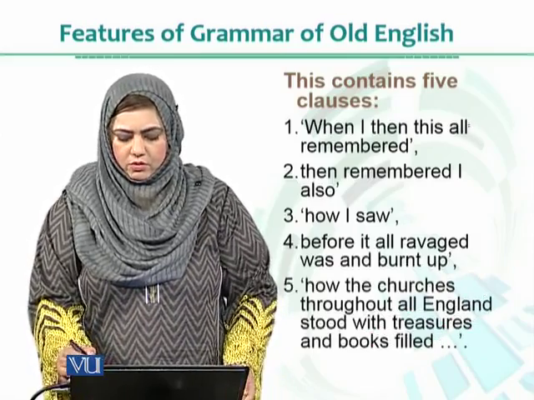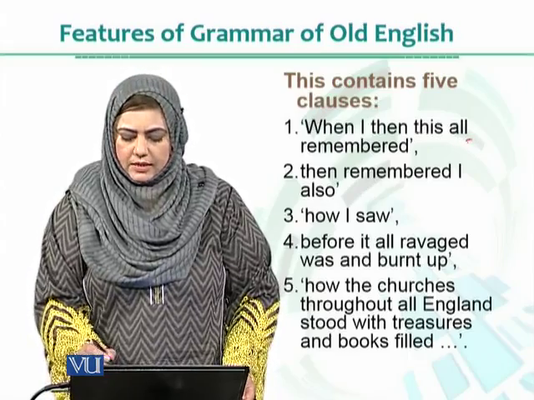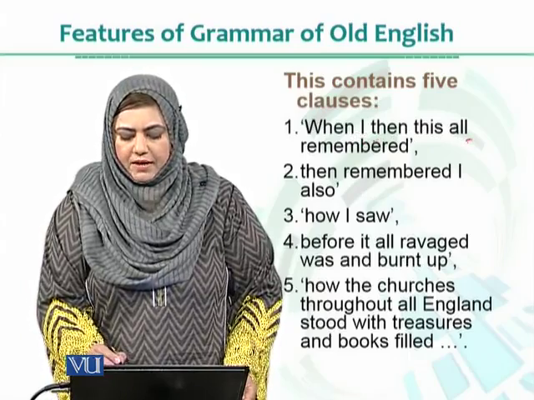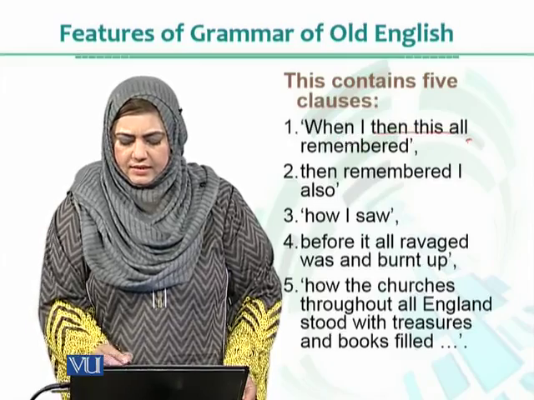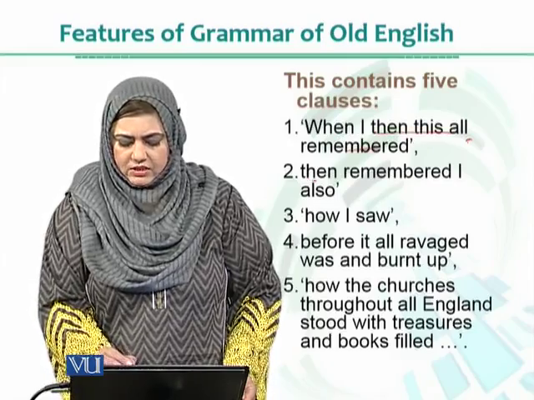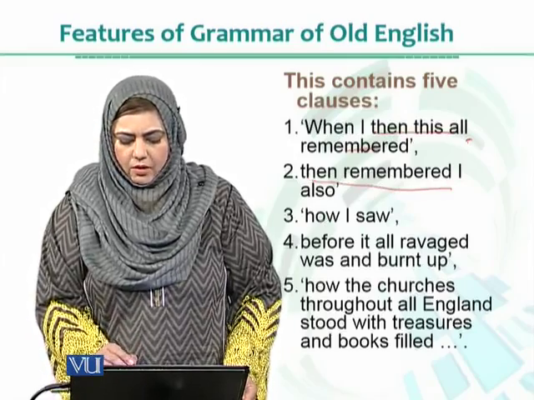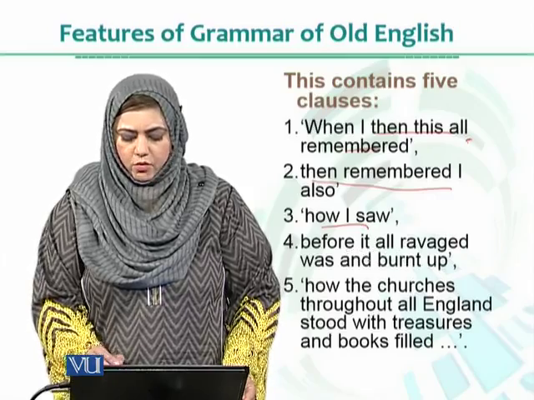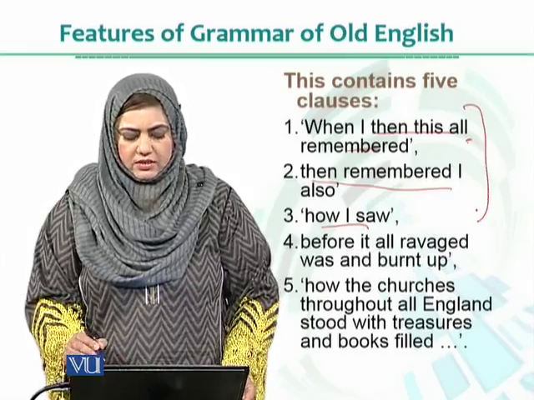Now what I want you to notice is that it was a feature of Old English that it gave an abundance of repetitions. When I then this all remembered. Once this is said, in the second clause there is a repetition: then remembered I also. How I saw. Before it all ravaged was and burnt up. So one feature is the repetition that you notice.